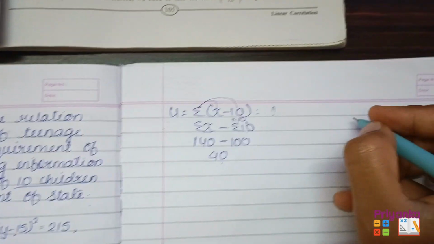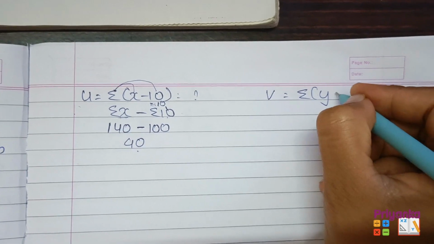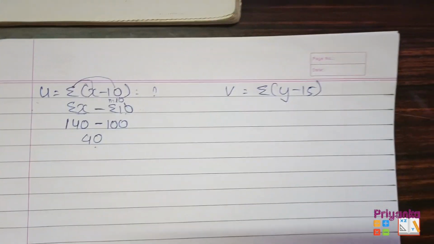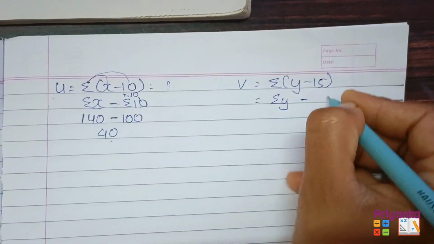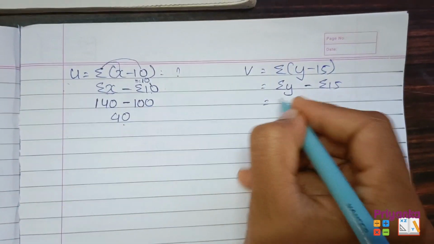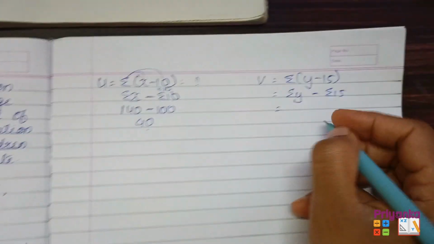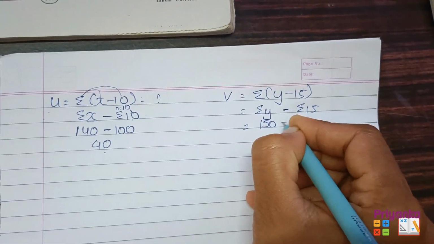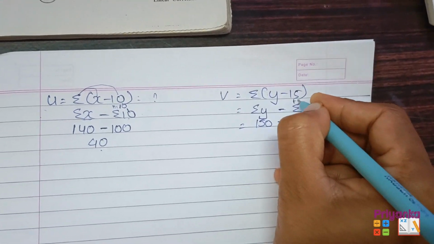In the same way, if I show you for v, that is sigma y minus 15. To find out the value, again make a multiplication, sigma y minus sigma 15. The value of sigma y, which is given in the question, is 150. And for the multiplication, at the top of the sigma, write down the value of n, which is given in the question.